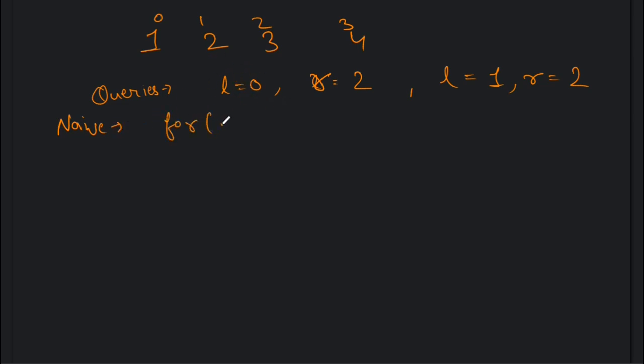So for I equal to L up till R, we can calculate that sum. Let's take a sum, and we can do sum plus equal to AI, right? And we can print out this sum. And similarly, when we get another query, we will do the same and so on. So this approach will take us a time of order of n square.